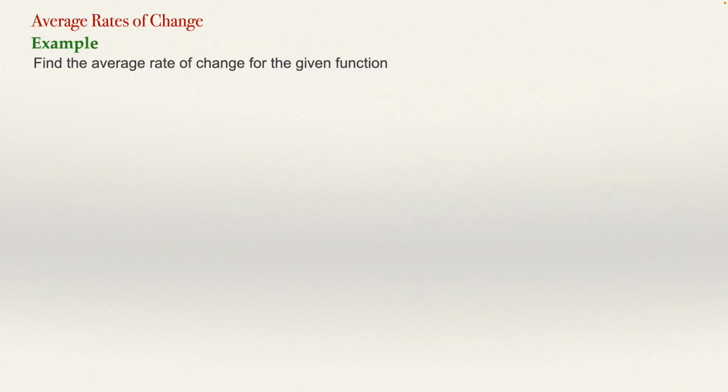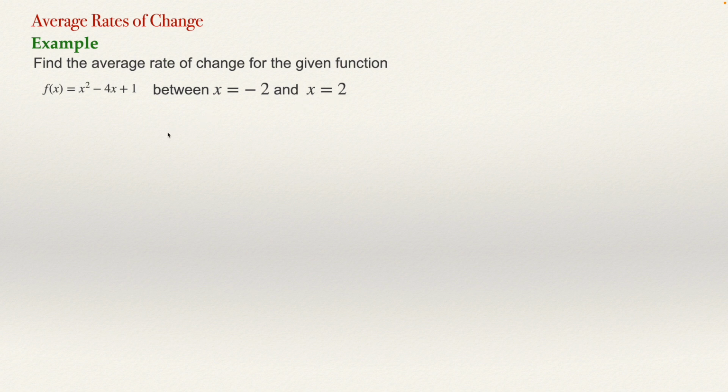For example, if we need to find the average rate of change for a function like f of x equals x squared minus 4x plus 1, when x is changing from x equal -2 to x equal 2, we have a first value and a second value.